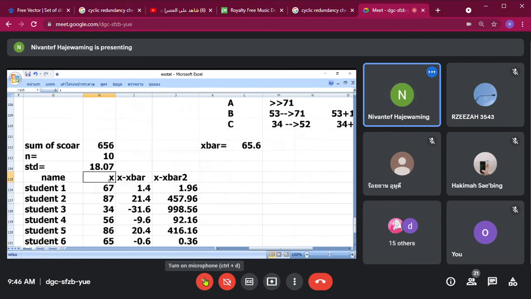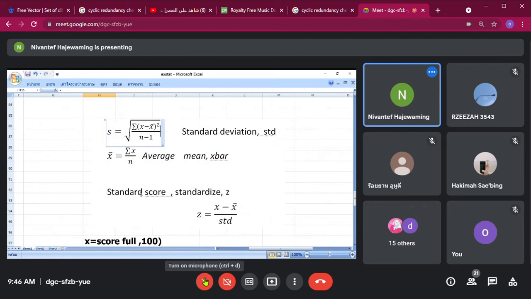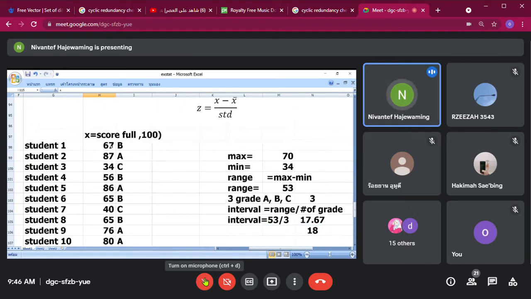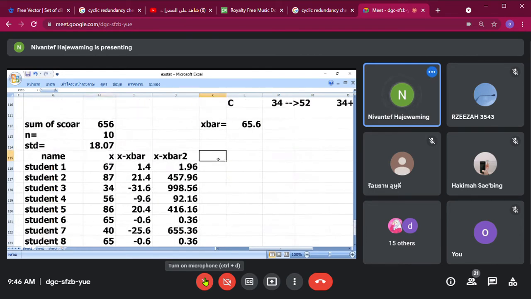From standard deviation, you must calculate standard score. It means you change from this score, which is the raw score, to standard score. This is a Z, right? Z score.